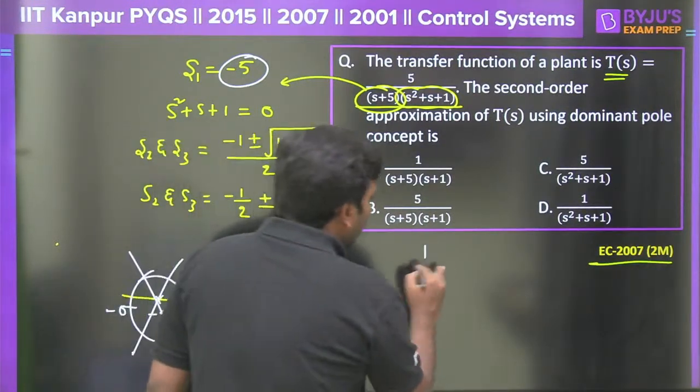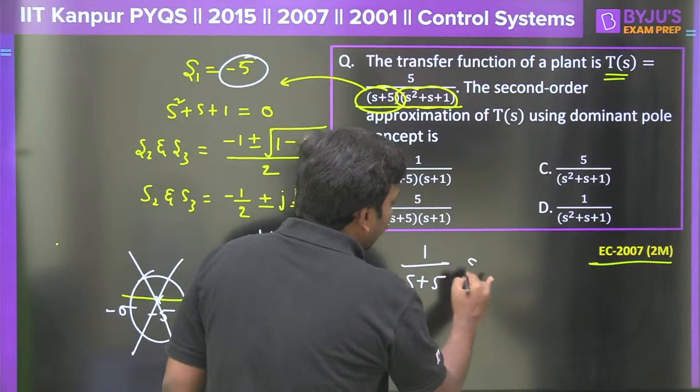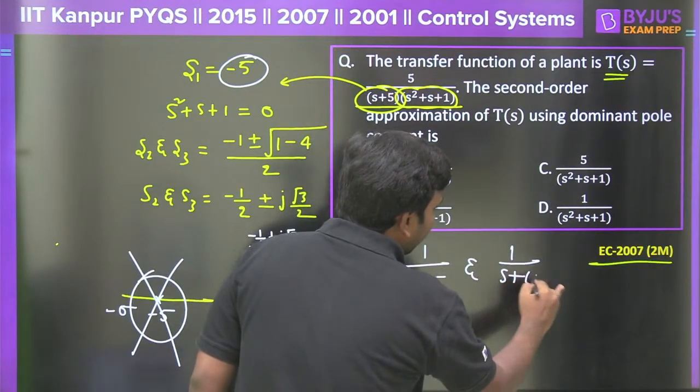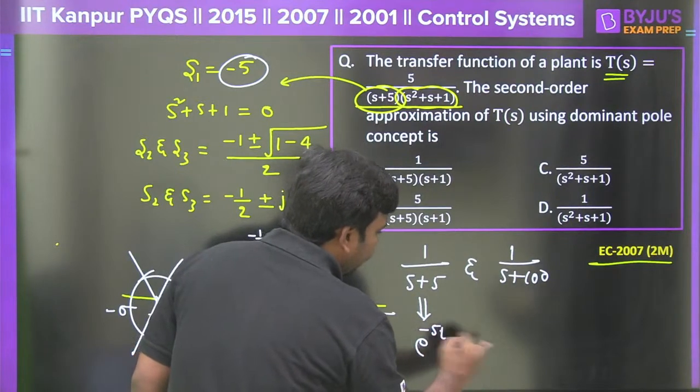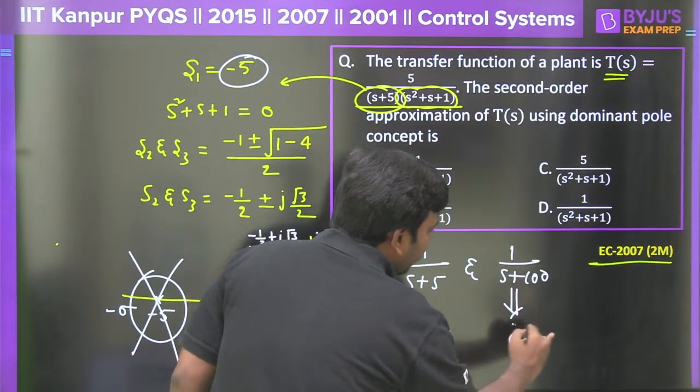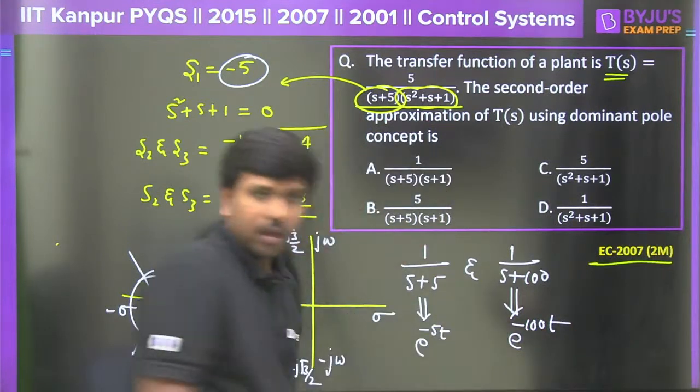Suppose you have 1 by s plus 5 and 1 by s plus 100. Now tell me, what is the inverse of each? The inverse of the first will be e power minus 5t, and of the second e power minus 100t.